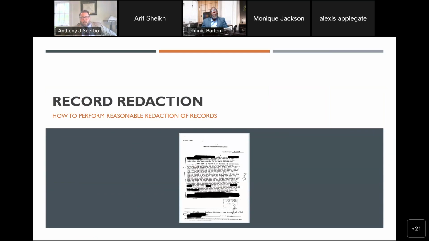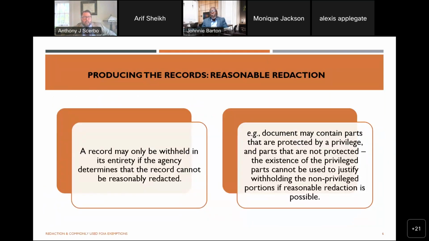This has been referred to in our earlier 2 webinars. So you're probably familiar with this, but especially for our newer FOIA officers, we want to do a little bit of coverage. So in terms of producing the records, reasonable redaction.